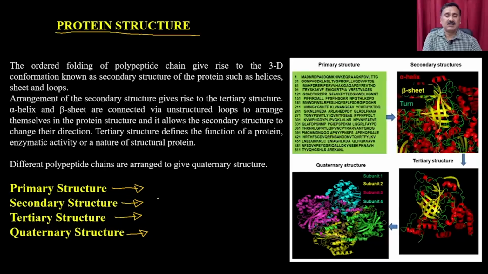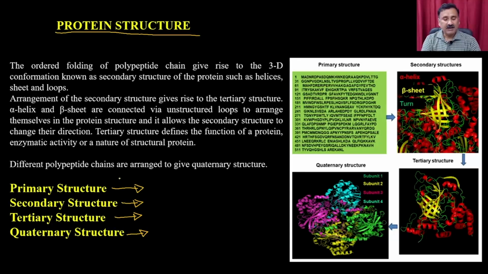Primary structure is the amino acid sequence of the proteins. Secondary structure is the alpha helix, beta sheets and turns, and when all these secondary structures come together and fold further, they give rise to the tertiary structures.